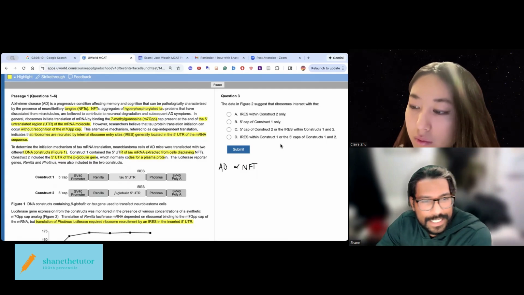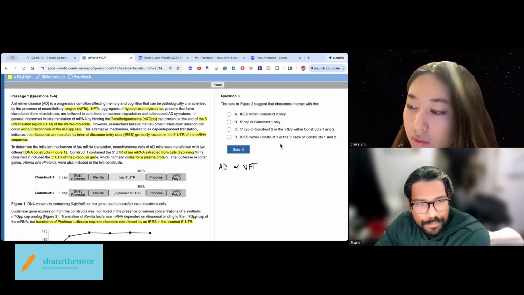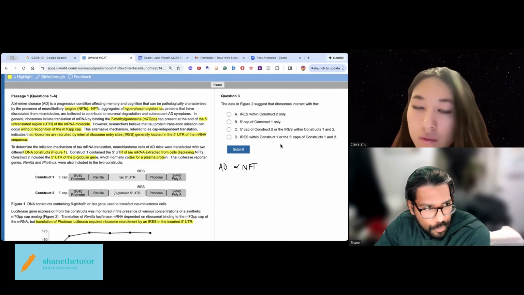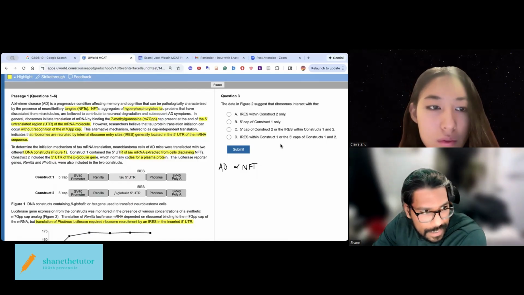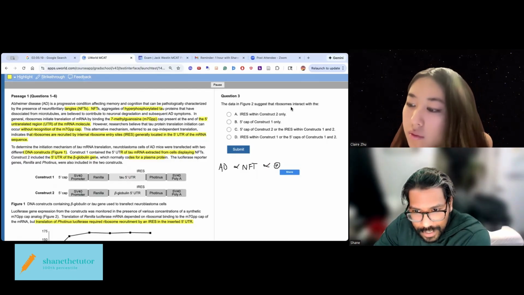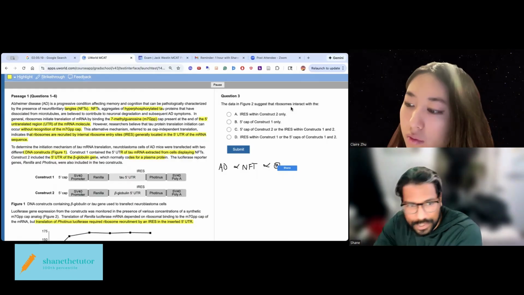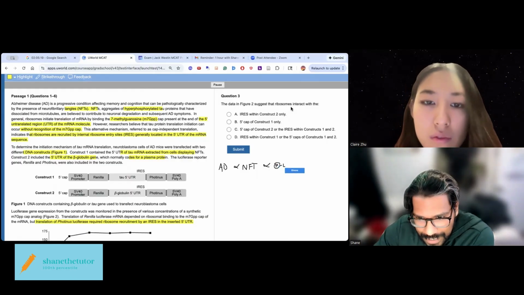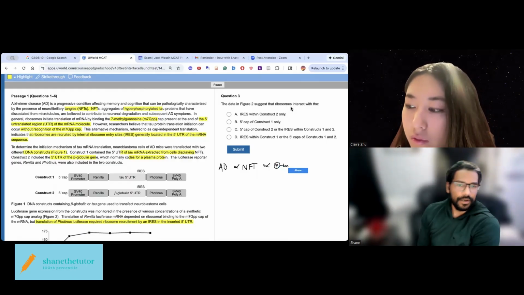So then they say NFTs are aggregates of hyperphosphorylated tau proteins that have dissociated from microtubules. So this could be proportional to, I usually write a phosphate as a P with a circle around it, and then maybe tau here.